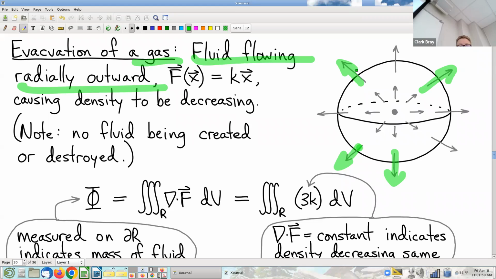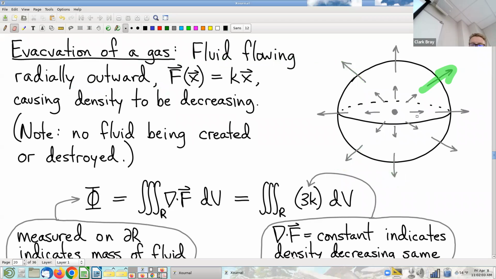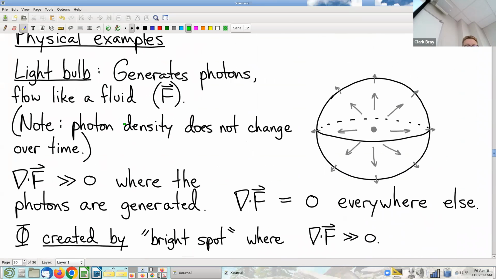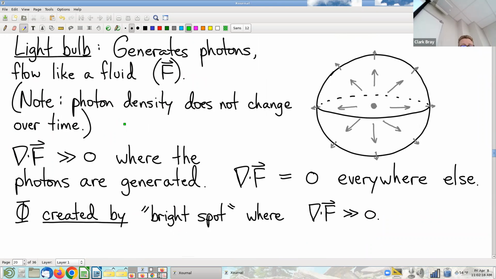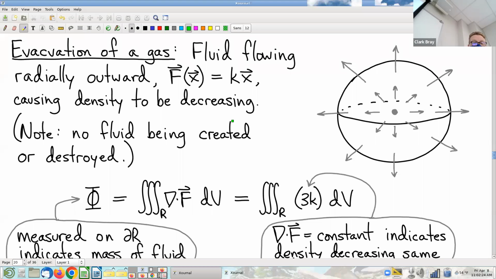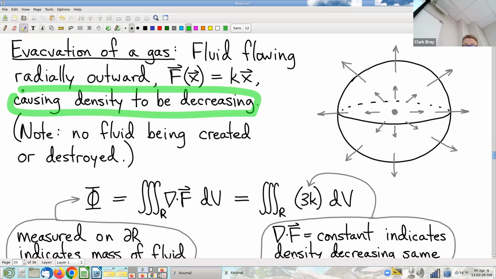So again, this is physically different than the last fluid example. Here, there's no generation of gas. Up there, we're literally generating photons that were not there previously. Photons get generated and then they do stuff. Here, nothing's being created. On the other hand, here the density is changing.